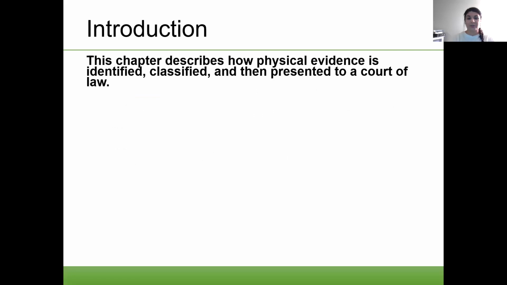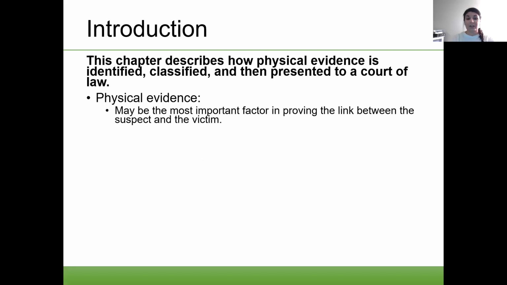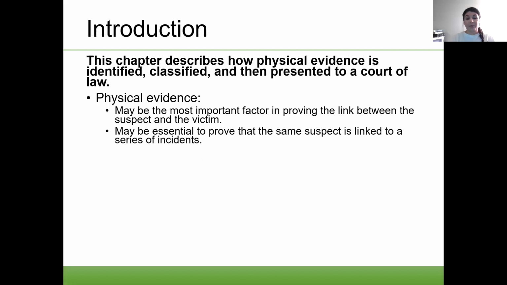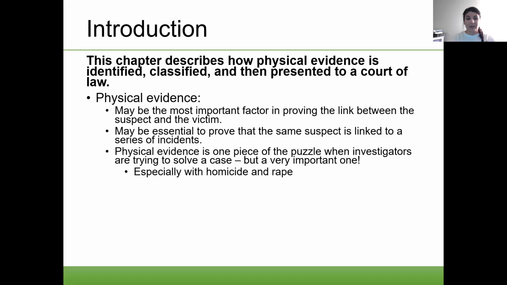This chapter describes how physical evidence is identified, classified, and then presented to a court of law. Physical evidence may be the most important factor in proving the link between the suspect and the victim. It may be essential to prove that the same suspect is linked to a series of incidents.